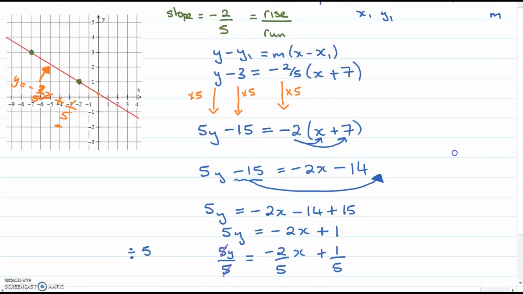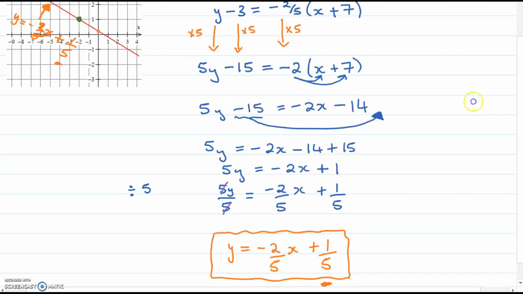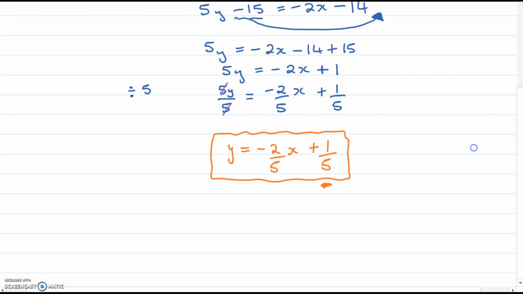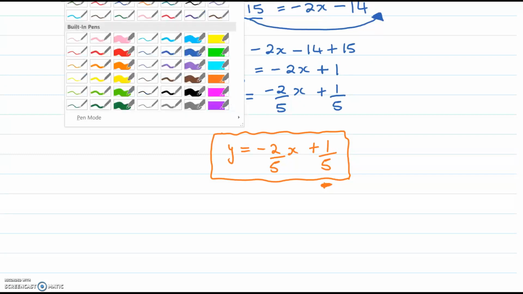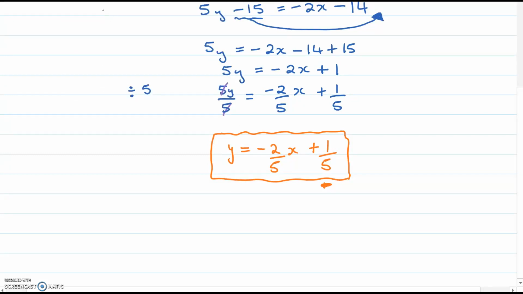It's a little bit longer than the last one because of the fraction. What I want you to do, to get some practice, is to try doing this very similar problem.